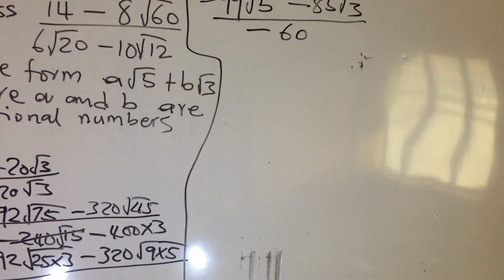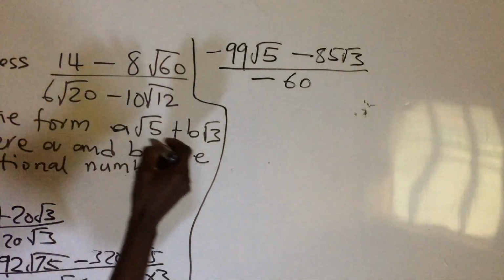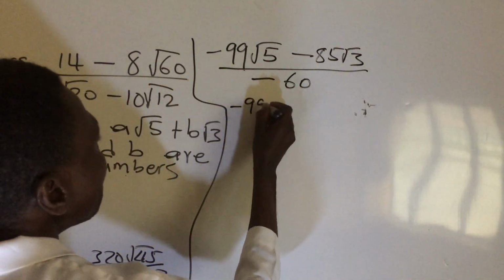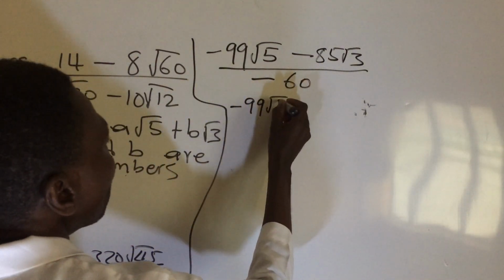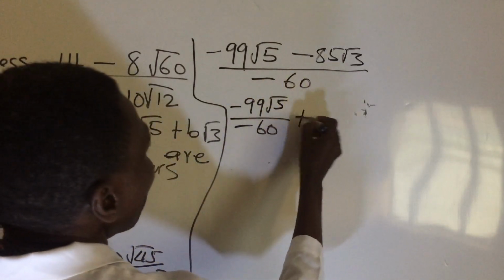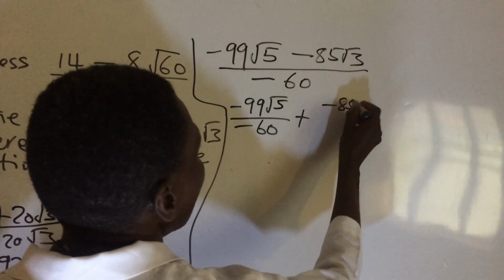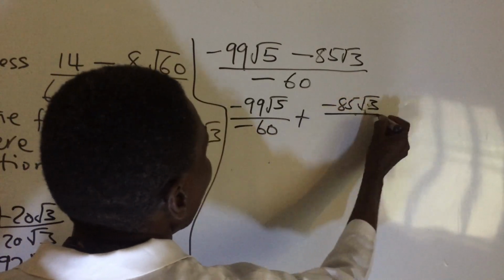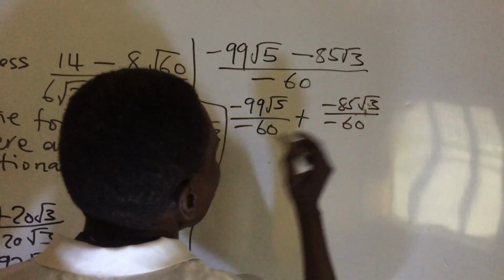We can separate it now. We now have minus 99 root 5 over minus 60, plus minus 85 root 3 over minus 60.